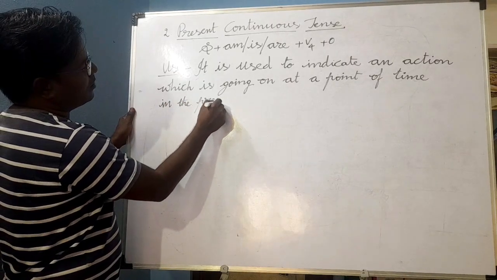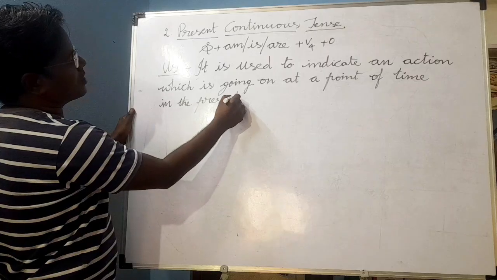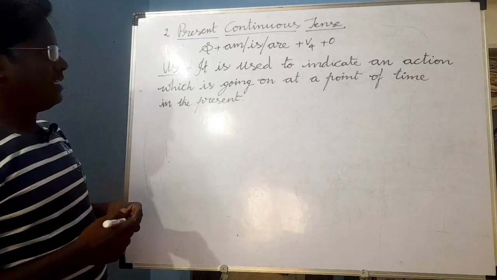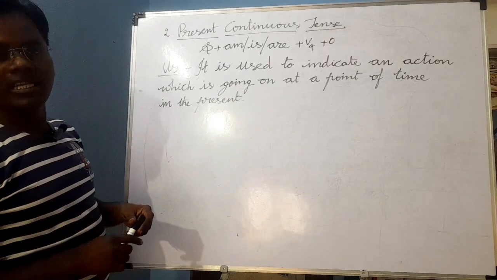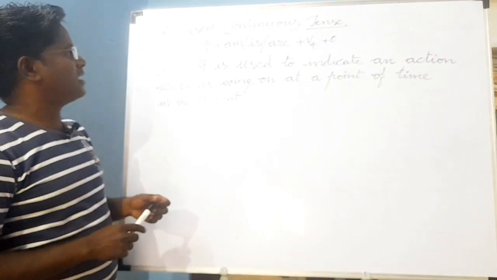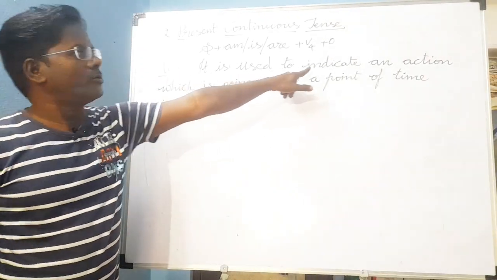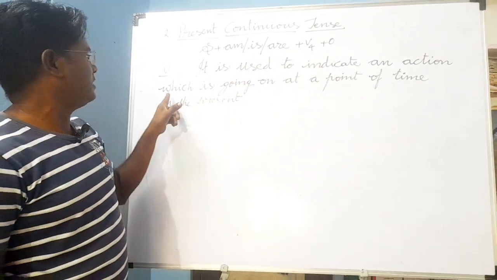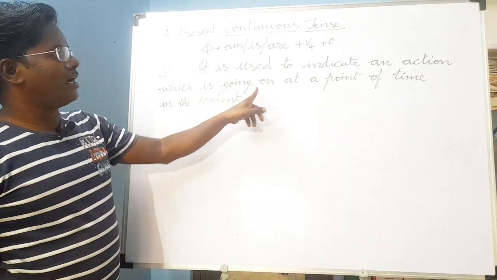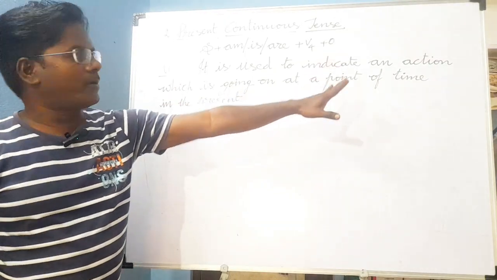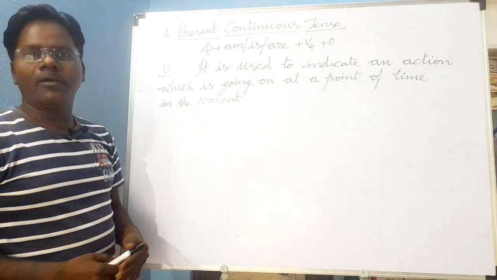Okay, so this is the use of present continuous tense. What is the use of present continuous tense? It is used to indicate an action which is going on at a point of time in the present.